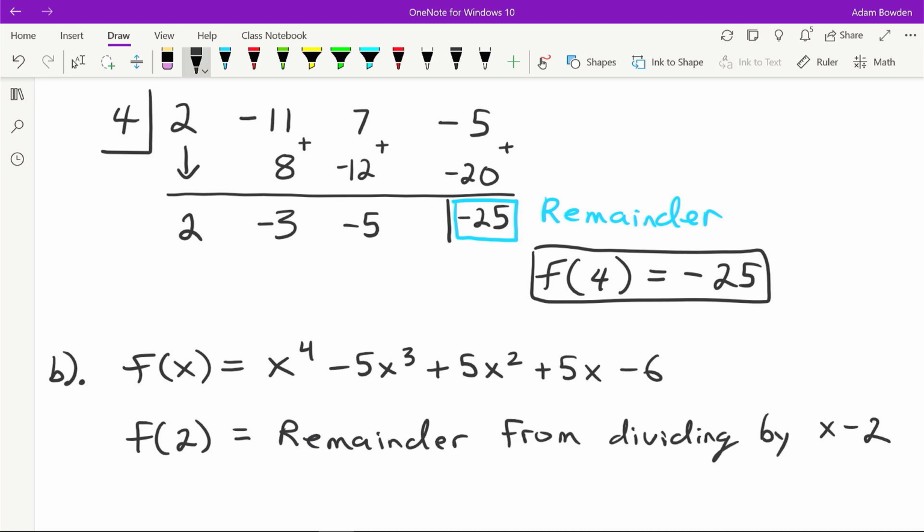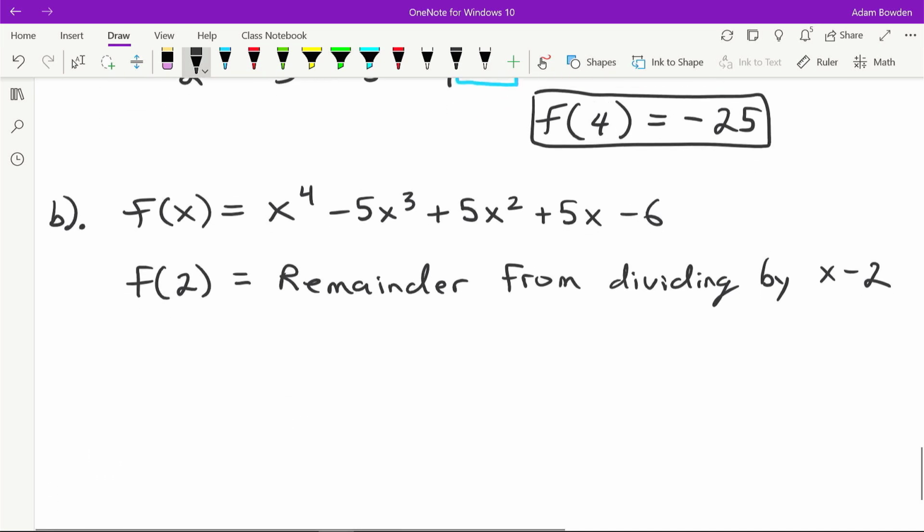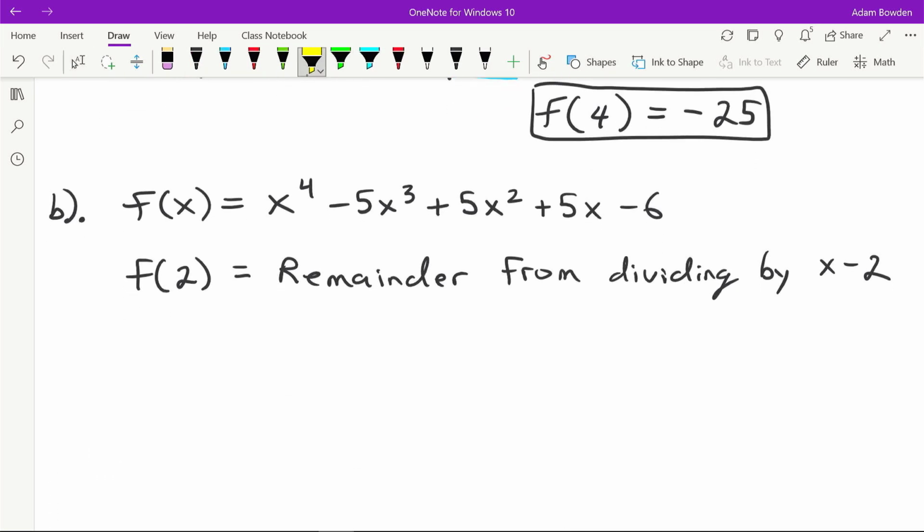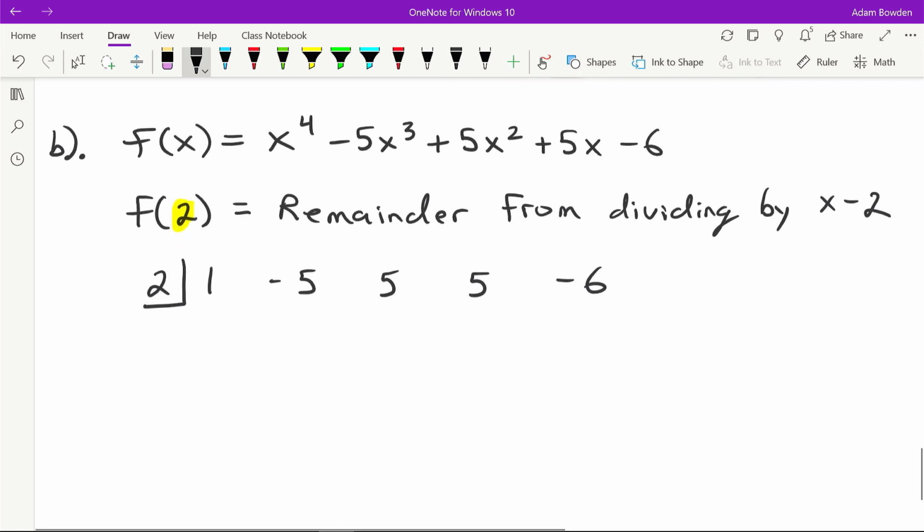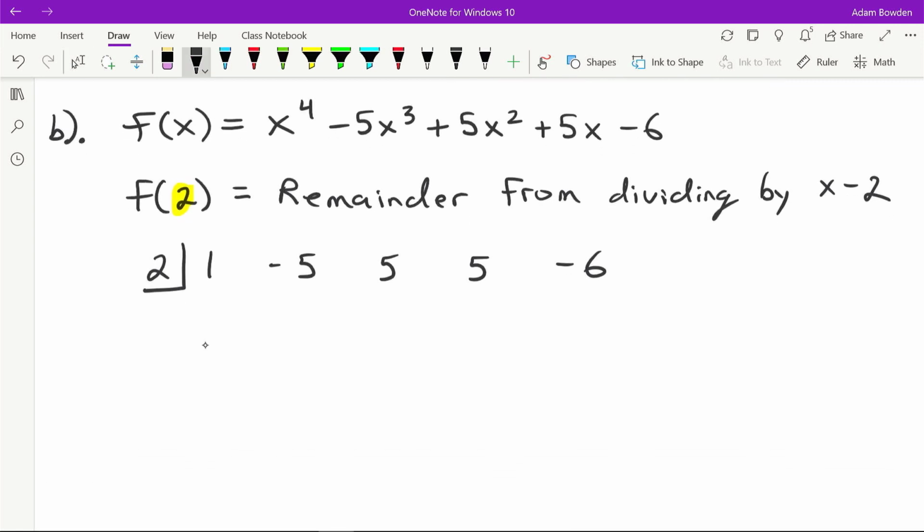Technically, we're dividing by x minus 2, and that's again why we're using synthetic division. 2 is going to be the number we use as our divisor in synthetic division. I'm going to write down 1, negative 5, positive 5, positive 5, and negative 6 from our function up above.